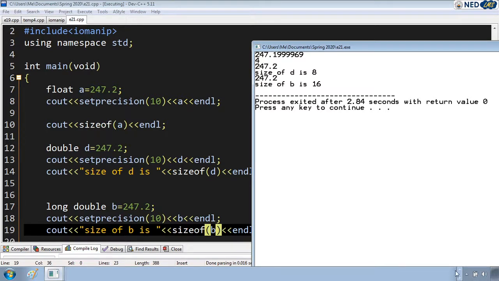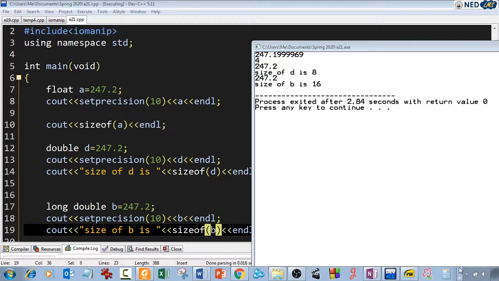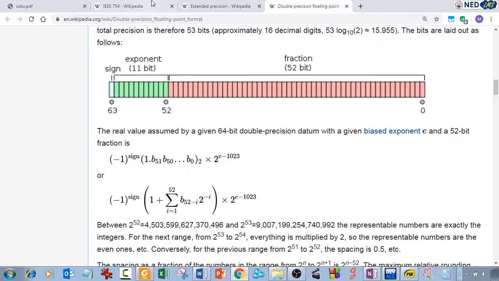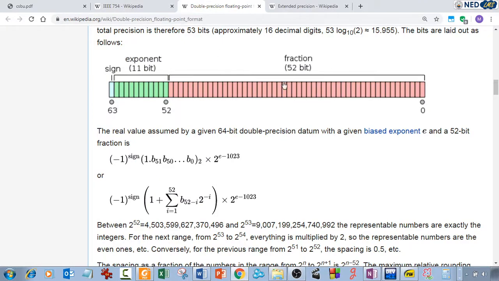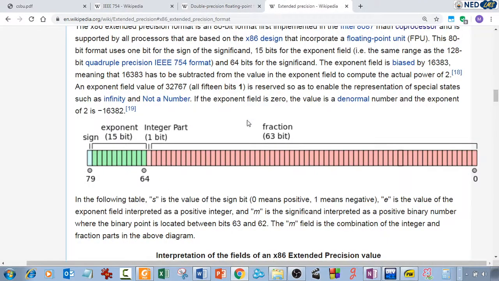So let me repeat what I've done over here. I've declared 3 kinds of floating point numbers: float, double precision floating point, and extended precision floating point, and they have different bits for storing the values after the decimal part. The 4-byte float, the 32-bit floating point, has just 23 bits for the fractional part. The double has a 52-bit fractional part, and the extended precision has 63 bits.